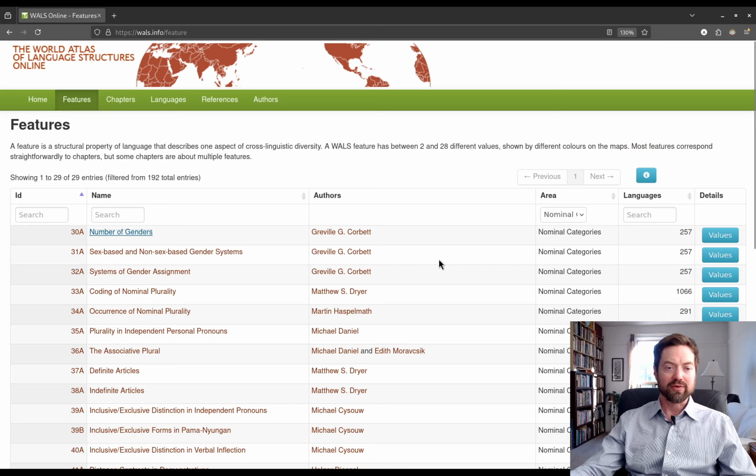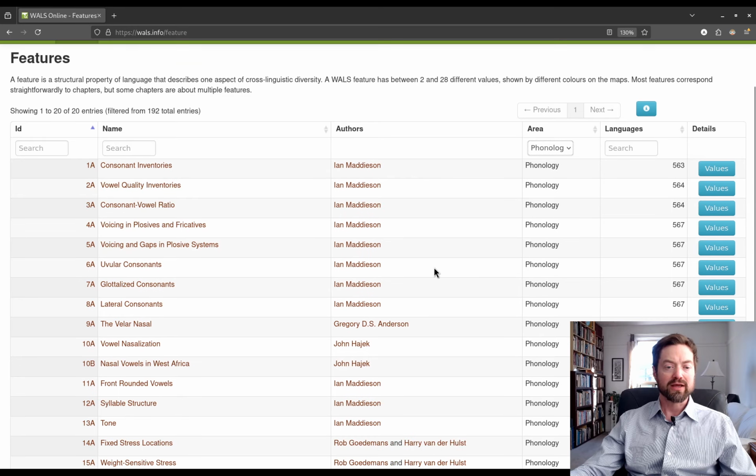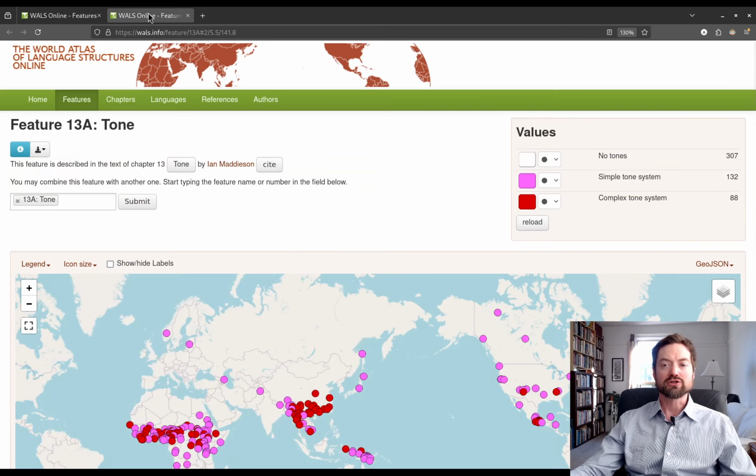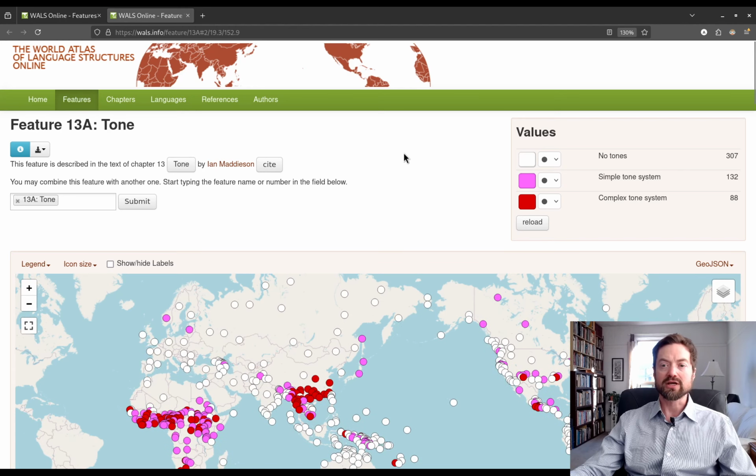Okay, let's take a look at a couple more. So I really recommend on this chart, click on the area here so you can divide by these different areas. We could take some kind of a phonological point. Well, I'm interested in what languages have tones, phonological tones. What languages have a tone system?